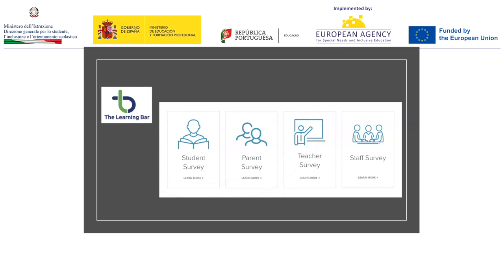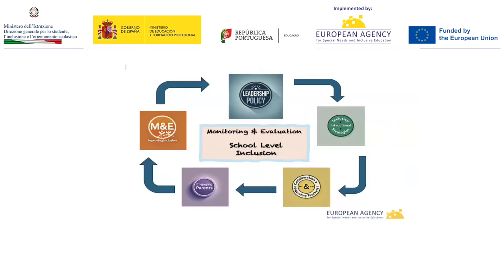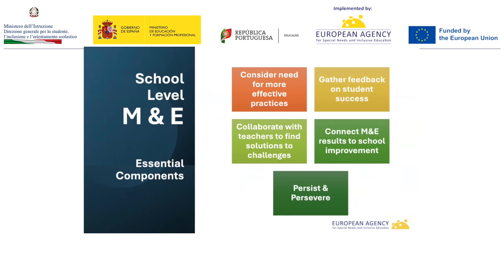So all of this feedback that we've been talking about from all 4 sectors, leadership and policy, inclusive instructional strategies, collaboration and supporting teachers, and engaging with parents, they all contribute to a monitoring and evaluation system whose goal is to improve instruction, improve inclusion, and improve how effectively the school serves students.